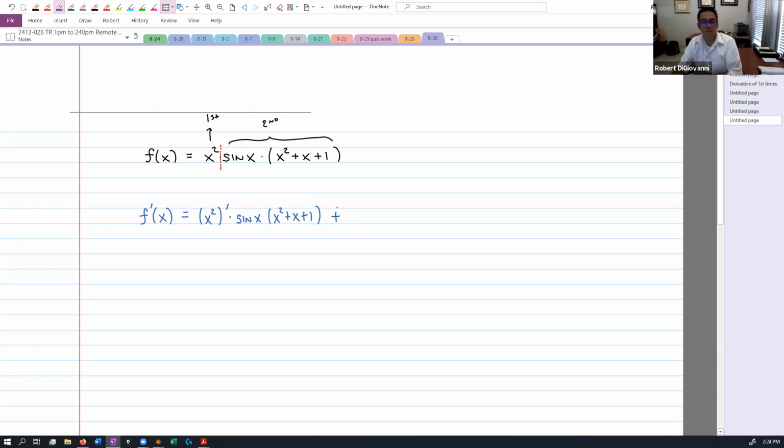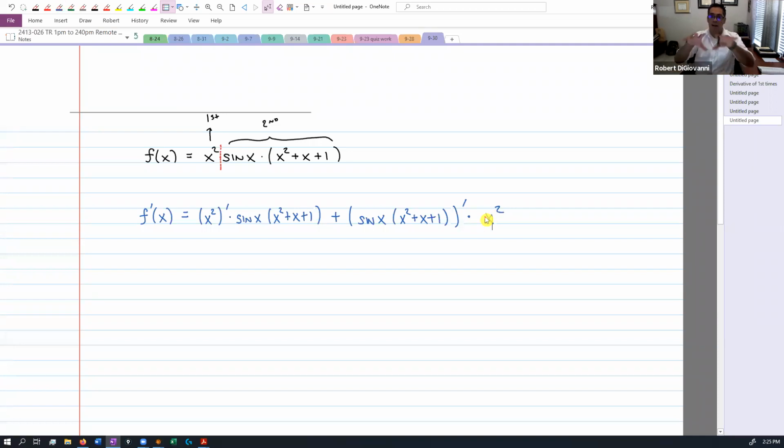Plus what? The derivative of that whole thing in the second one. So the second one is this, that's my second one. And I still need to take its derivative, don't I? And then finish off the product rule times the first one, x squared.